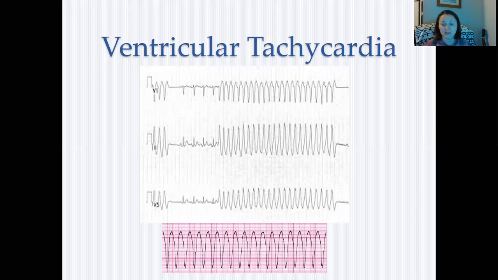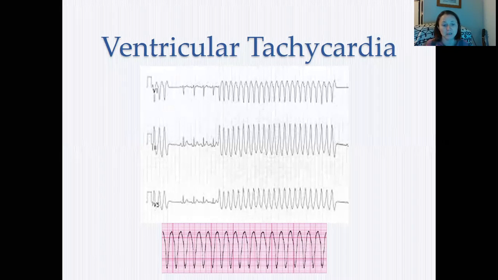That low ejection fraction shows that the heart's not pumping everything out like it needs to. It's not getting enough blood out of the heart at a time, and it doesn't have enough muscle to work because some of that muscle's already been damaged from the MI.